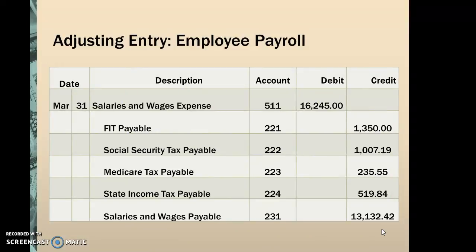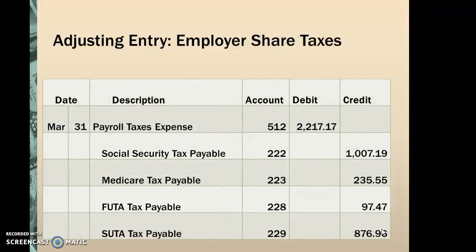So what it is here is that the accountant would make the entry for March 31st payroll. As you notice, we're going to debit the wage expense account and then credit all the liabilities accounts associated with that payroll, along with the adjusting entry for the employer's share of those taxes in order to make sure our expenses match the revenue for the month.